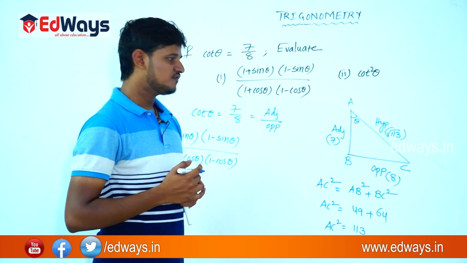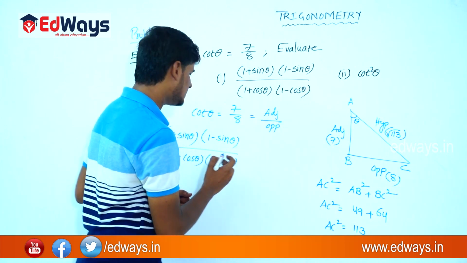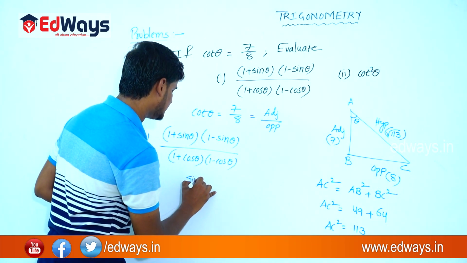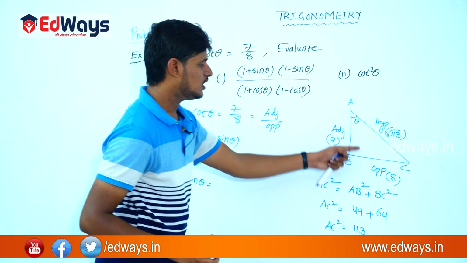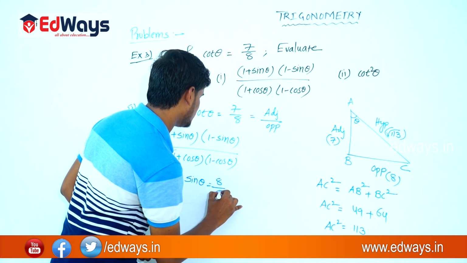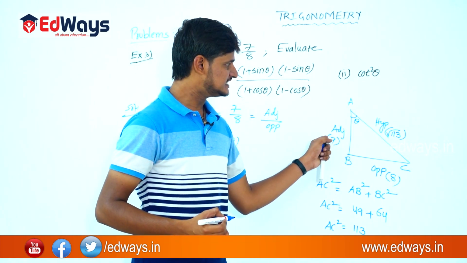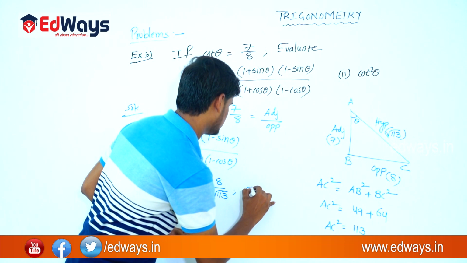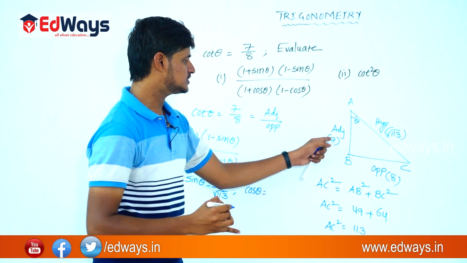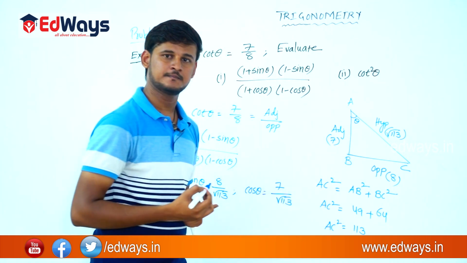So sin theta is equal to opposite by hypotenuse, that is 8 by square root of 113, and cos theta will be adjacent by hypotenuse. Cos theta is equal to 7 by square root of 113.